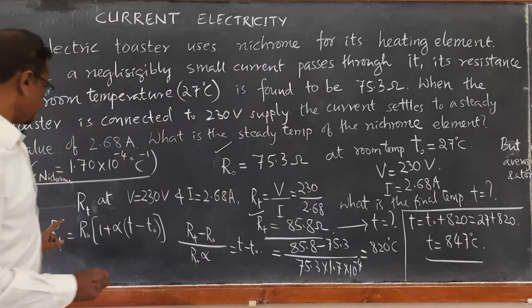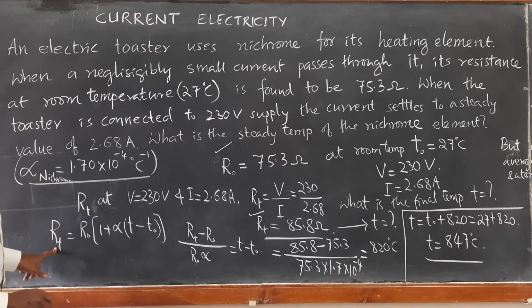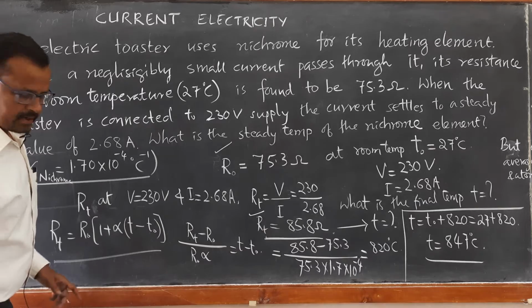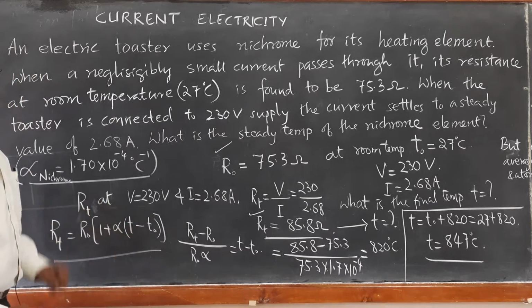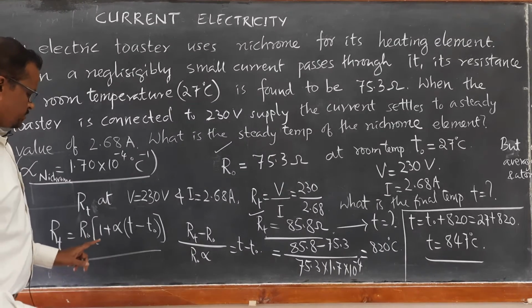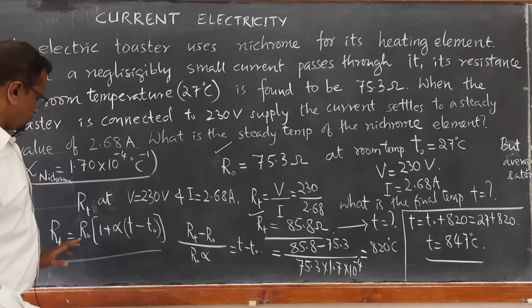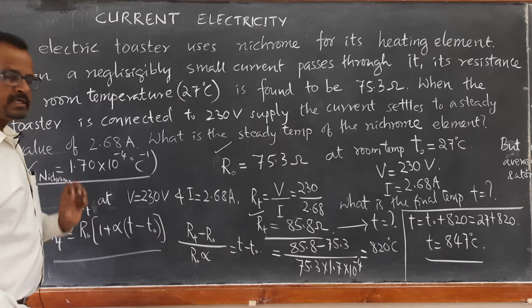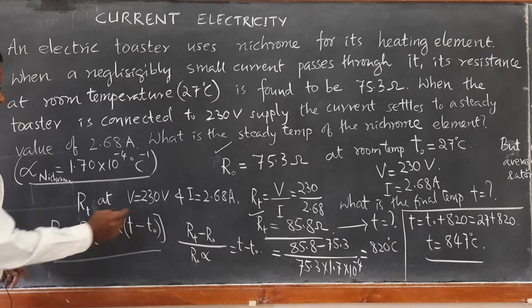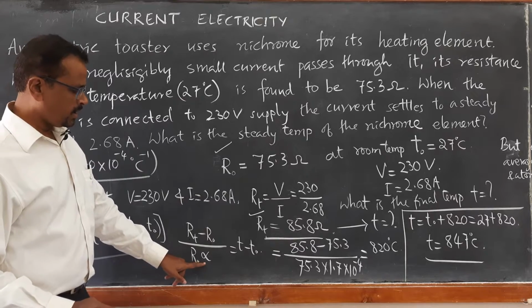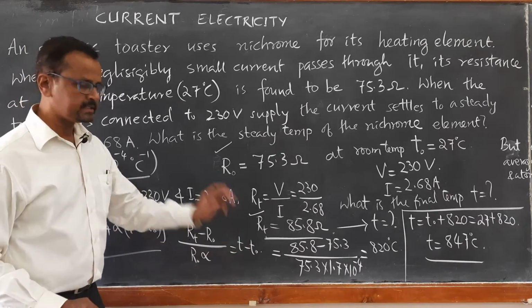So, I am using RT equal to R naught into bracket 1 plus alpha into bracket T minus T naught. Therefore, after simplification we get (RT minus R naught) divided by (R naught alpha) equal to T minus T naught.